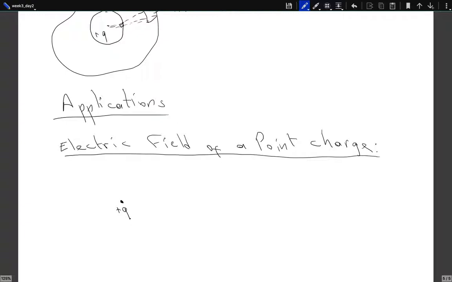For example, if you have a point charge, let's imagine this one. If I rotate my system around my charge, does my charge distribution change?